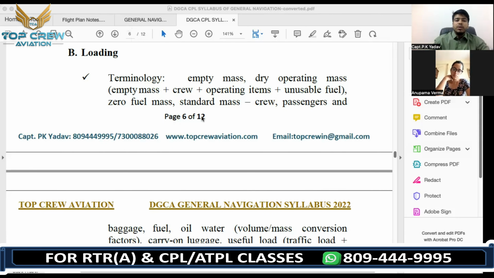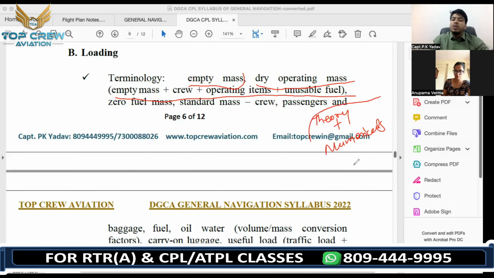Up the terminology which we were discussing, and I was telling you, same way, empty mass, what is empty mass, what is dry operating mass. So you get questions on theories में plus numericals, दोनों ही आते हैं. BGC would ask you, like they may ask you what is operating mass, right?